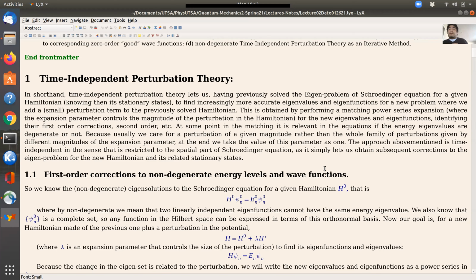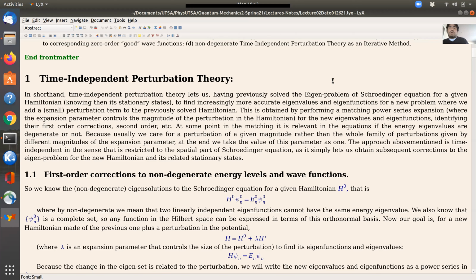And so in that problem, you would know the eigenfunctions and the eigenvalues. Then what time-independent perturbation theory lets you do is, for a more complicated problem, find the new eigenvalues and eigenfunctions, at least correcting them up to given orders, okay?